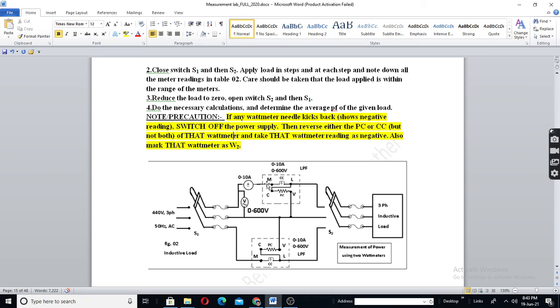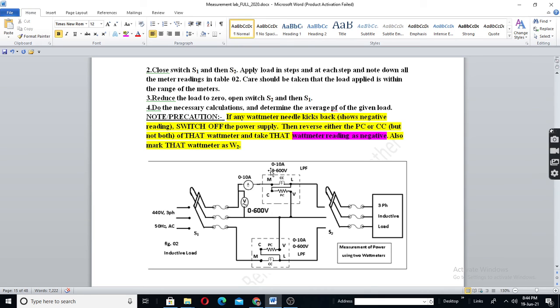So negative of negative will become positive. Hence the reading will now become positive. But actually what we are doing is wrong. Hence we have to take that wattmeter reading as negative. That is W2.